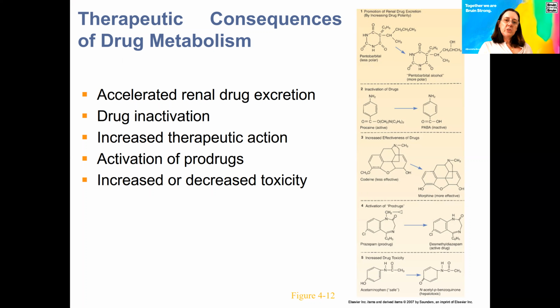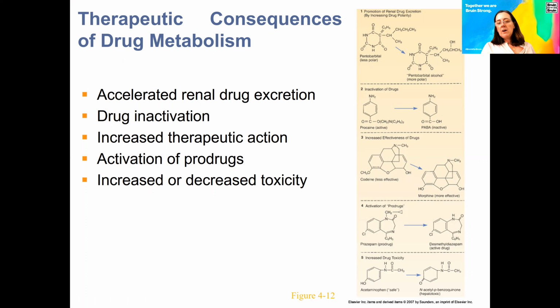In most cases, drugs are going to be metabolized into inactive compounds, but in some cases, you can have an increase of effectiveness. The metabolites can have an increased activity. So this is the case in example number 3, where codeine is metabolized into morphine. So both are analgesic.